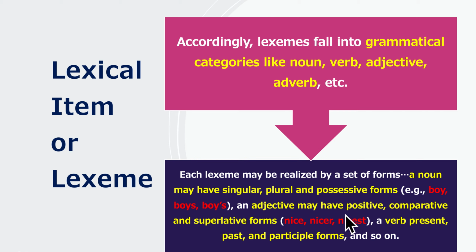An adjective may have positive, comparative, and superlative forms, such as nice, nicer, nicest. A verb has present, past, and participle forms, and so on. So such forms of verbs may belong to the lexical item. A lexical item is then a collection of words defined in terms of the categories they belong to. That is what we call a lexical item.